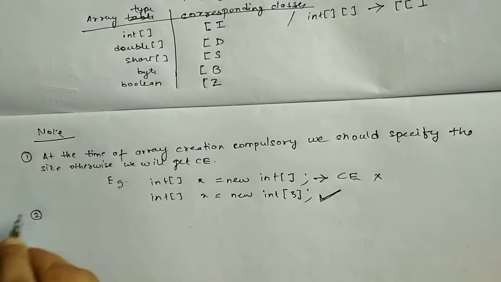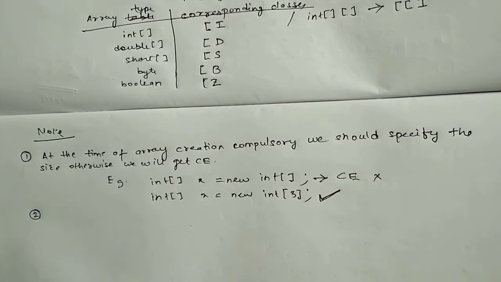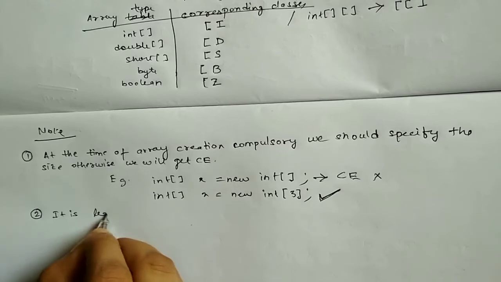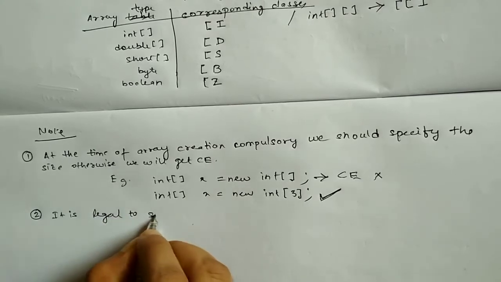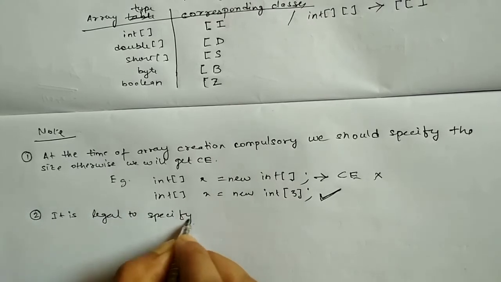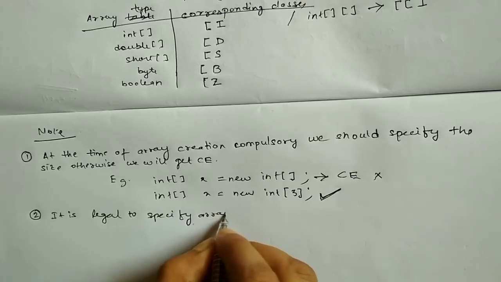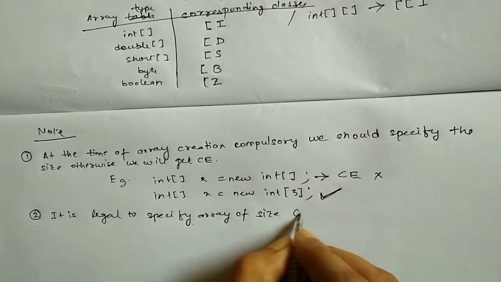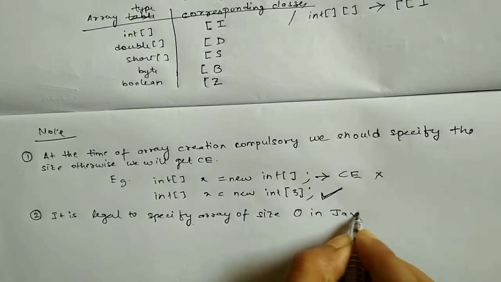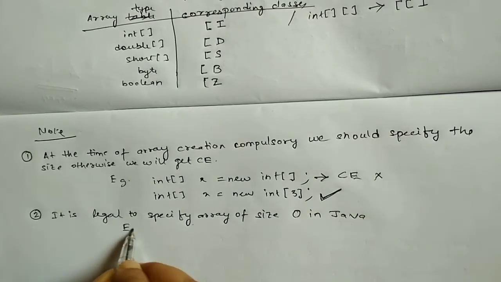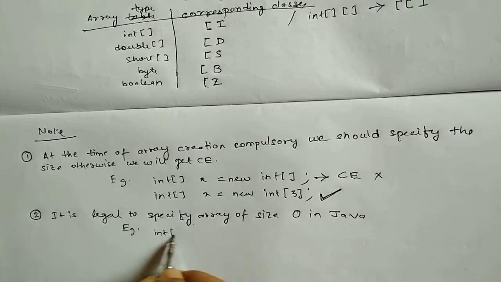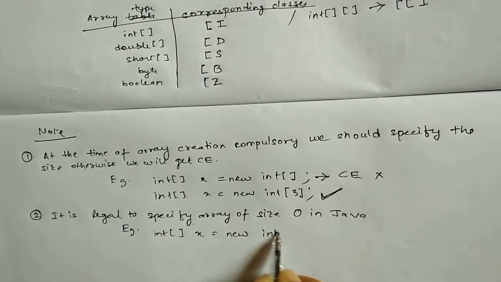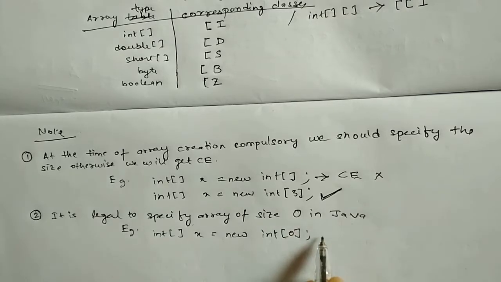The second point is that we can also specify an array with a size 0. It is legal to specify an array of size 0 in Java. For example, we declare an int array and we can declare the size as 0.